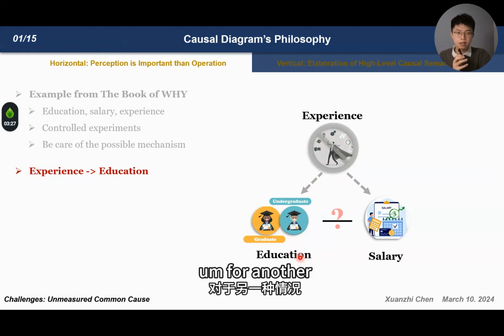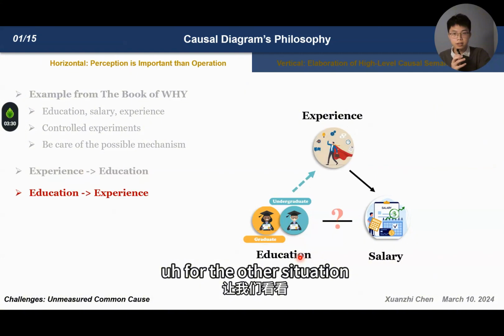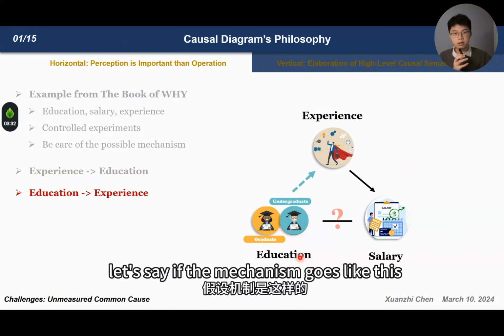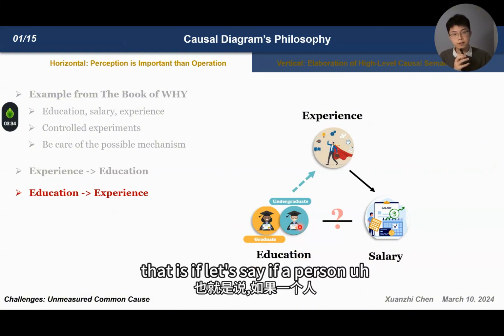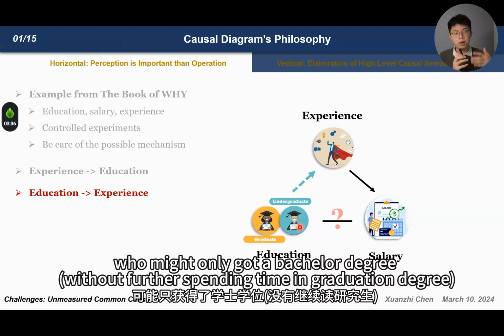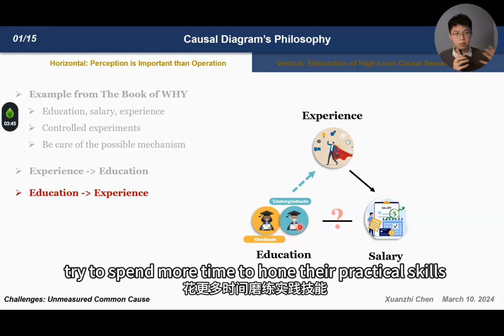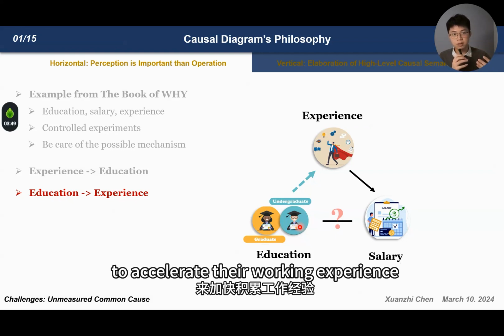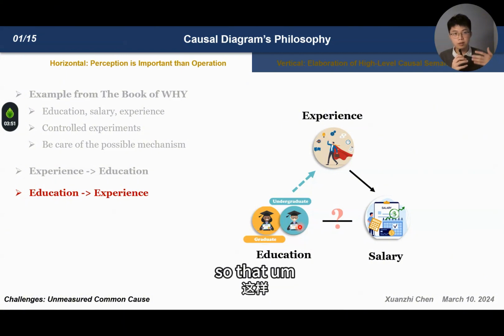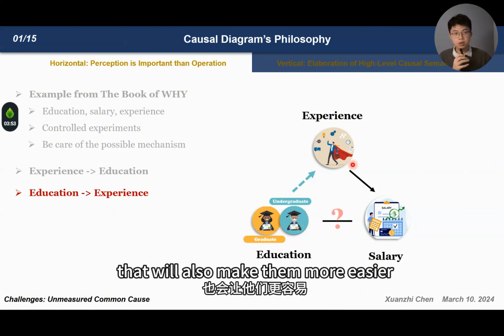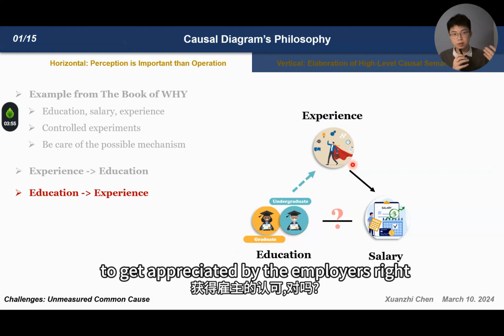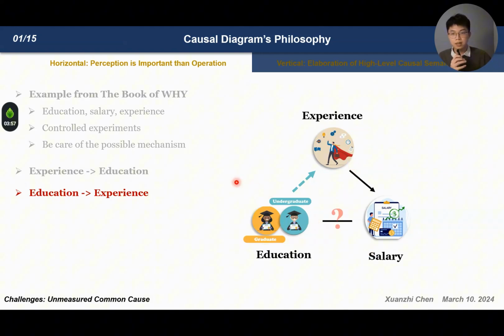and for the other situation, let's say the mechanism goes like this: a person who might only have a bachelor degree, but they will try to spend more time to hone their practical skills to accelerate their working experience after their graduation, so that will also make it easier to get appreciated by the employer, right?